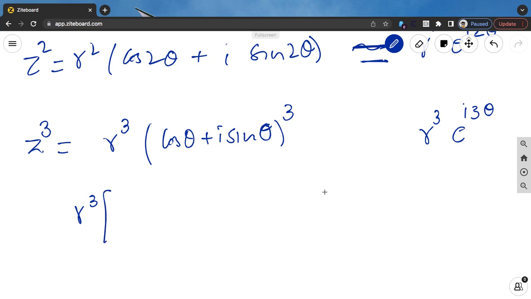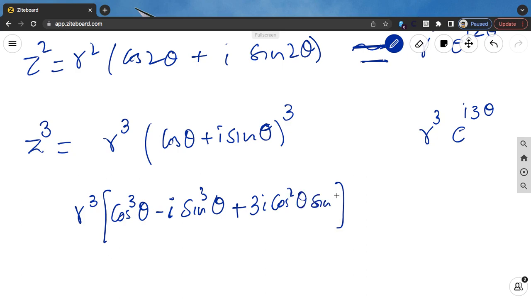What is a plus b the whole cube? It's a cube plus b cube plus 3a square b plus 3ab square.